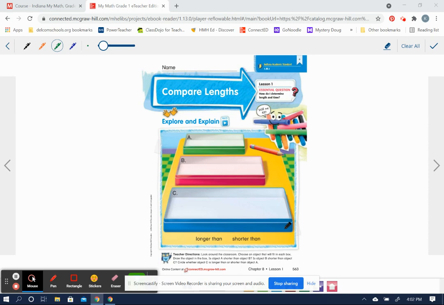So I have kind of already done that for you, and it's what we did in class today. And so now I'm going to draw these objects in the box, and then we'll talk a little bit about them. So the first item that will fit in box number A is a paper clip, like one of those jumbo paper clips that I use.